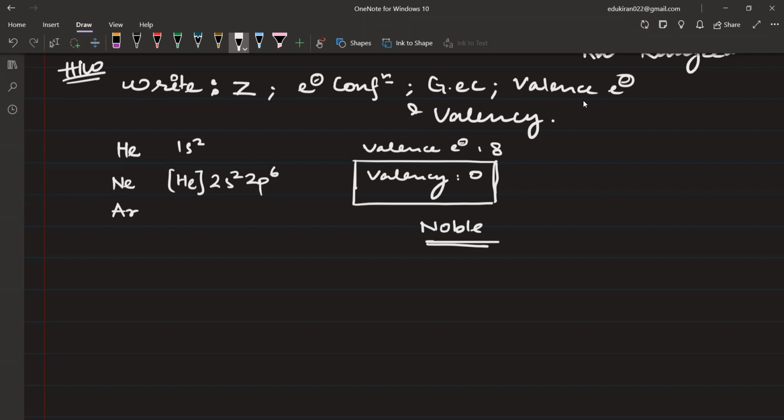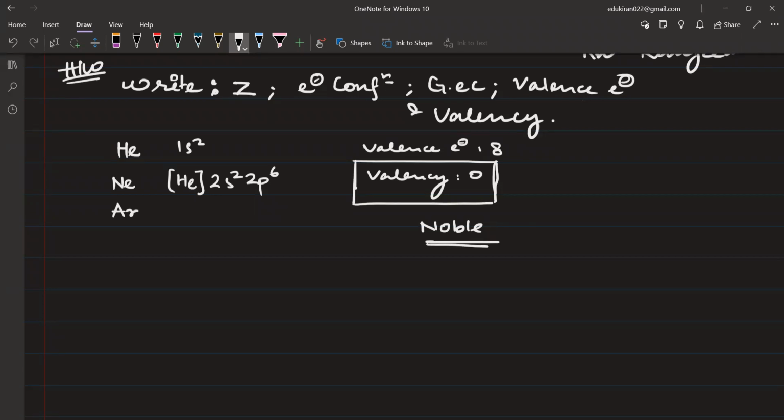Valence electron can be 2 for helium. That is right. But generally it is going to be 8 only. And also since noble gases don't react, we don't usually associate the word valence electron with them.